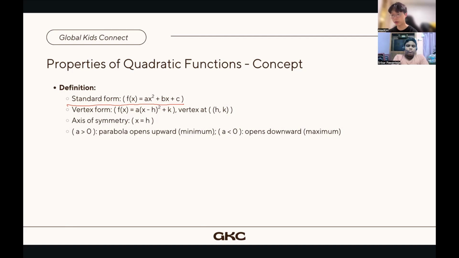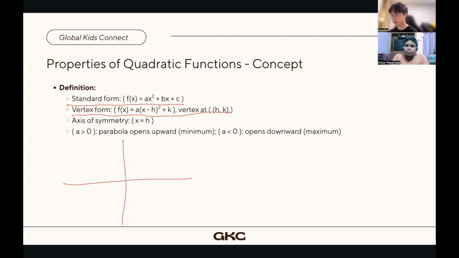However, there's also another form called the vertex form. The reason it is called the vertex form is that through this expression of the quadratic function, we can find the vertex of the parabola that represents the equation.